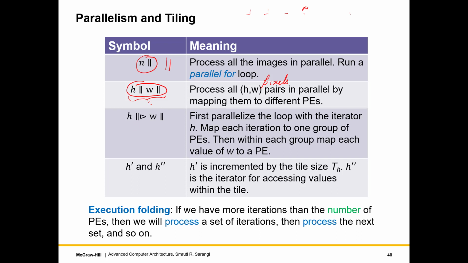This notation is interesting. Here, the only additional term that we have is this operator. This says that first we parallelize the loop with the iterator h. So first we create groups of computations, where these groups themselves run in parallel, and each one of them has a different value of the iterator h.